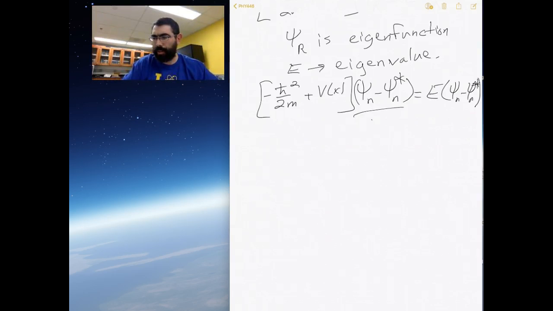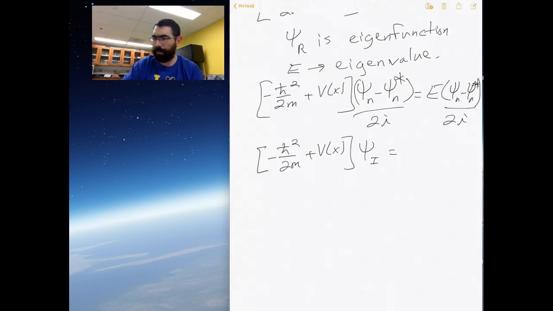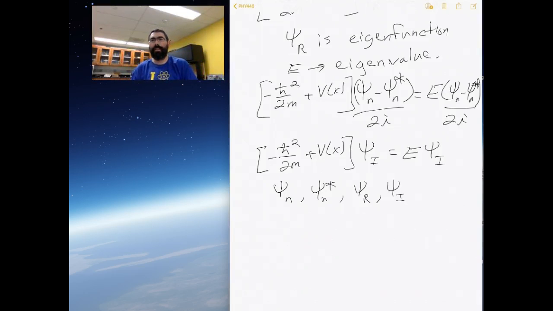And if I divide both sides by 2i, I'm left with the Schrodinger equation operating on the imaginary function psi sub i, which equals the total energy times that function psi sub i back again. So now what we have is psi star, psi real, and psi imaginary are all eigenfunctions with the exact same eigenvalue E.